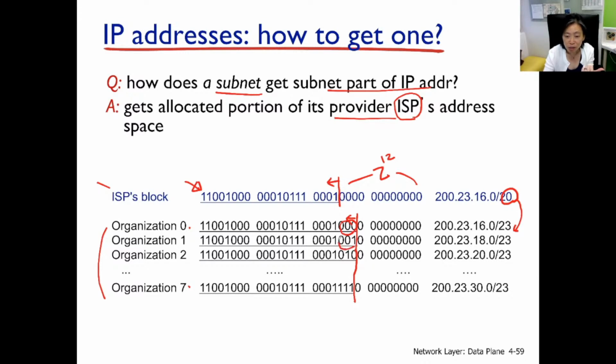Because there are 3 bits, we could uniquely separate the 8 different organizations. But as a result, we get less free IP space. Each now gets only this much, 1/8 of the original space. So we are splitting the IP address space 8 equal ways, and it is done very easily by simply extending the prefix from 20 to 23.